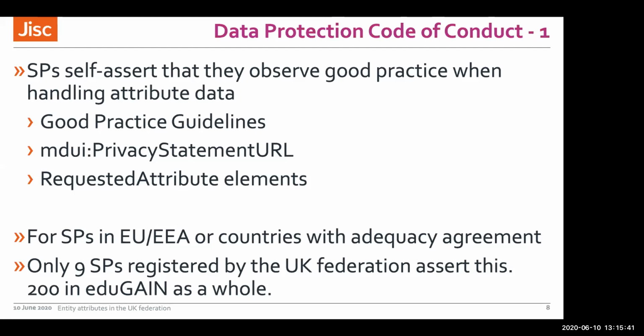This is within the Data Protection Code of Conduct specification. Those are the good practice guidelines that SPs will self-assert that they reach, and there are also a couple of metadata requirements that we can and do test on.